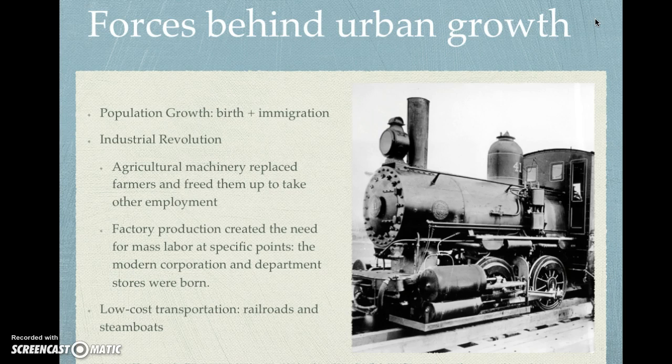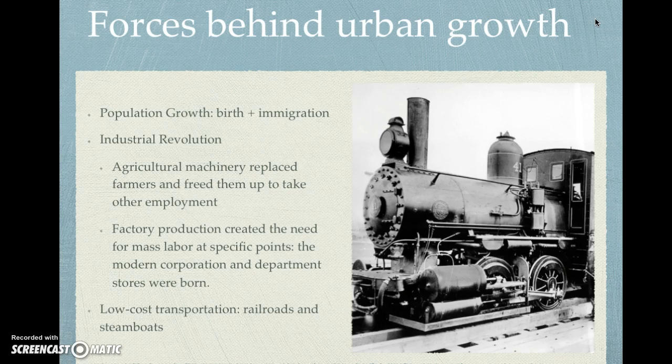Factory production created this need for workers, for labor at specific points. So workers had to move towards the factories. And from this, you also had modern corporations, department stores.